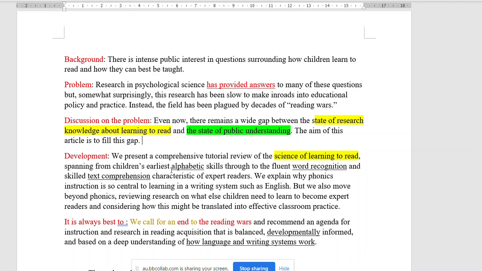Here they wrote about what they did in the study, and the conclusion of this paper in the abstract is that we believe we should end all the reading wars and provide instruction in reading acquisition that is balanced, developmentally informed, and based on a deep understanding of how language and writing systems work.